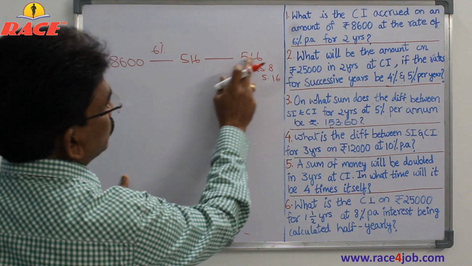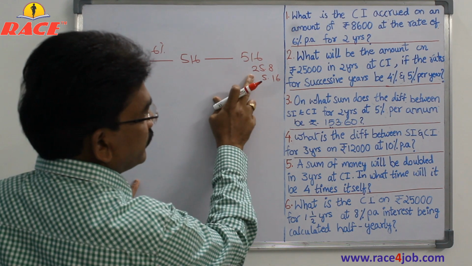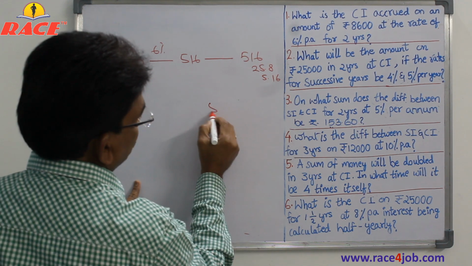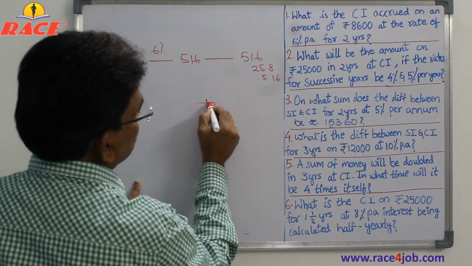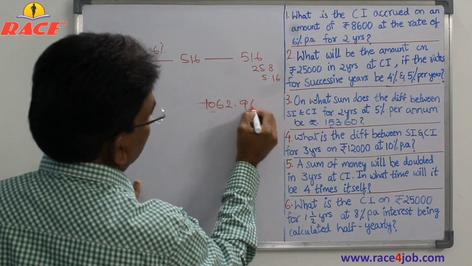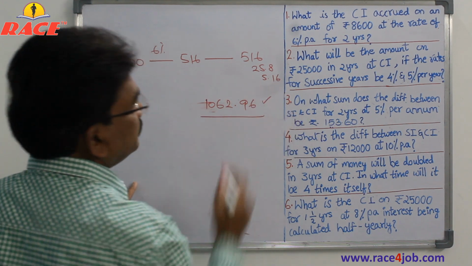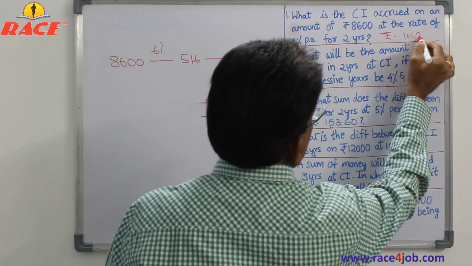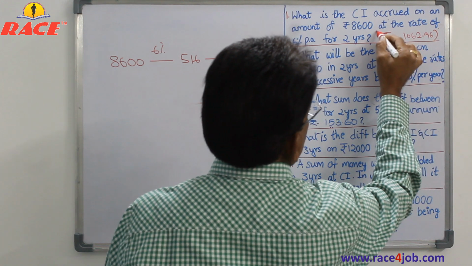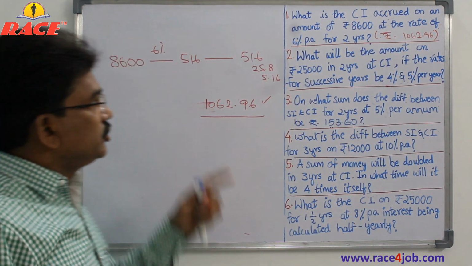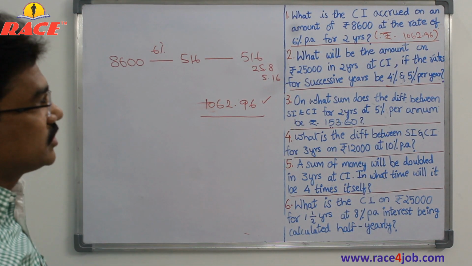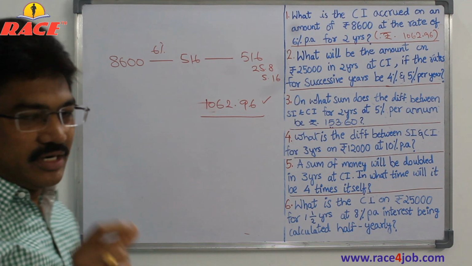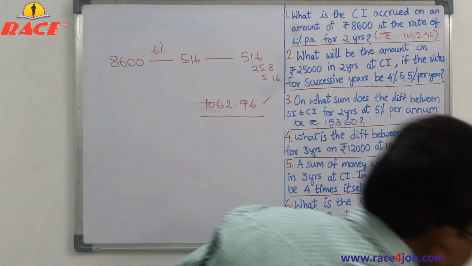So 1032, 1052, 1062.96. 1062.96 is the answer. Okay. Otherwise, you can take 106% of 106% of 8,600, but more calculations are needed in that case.